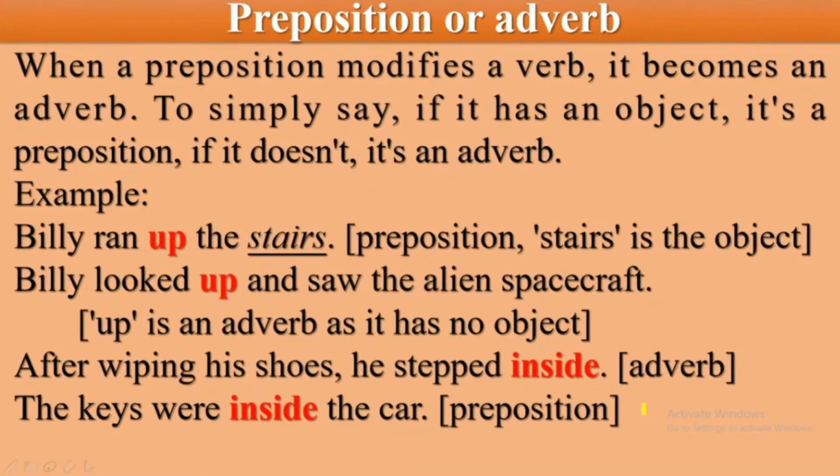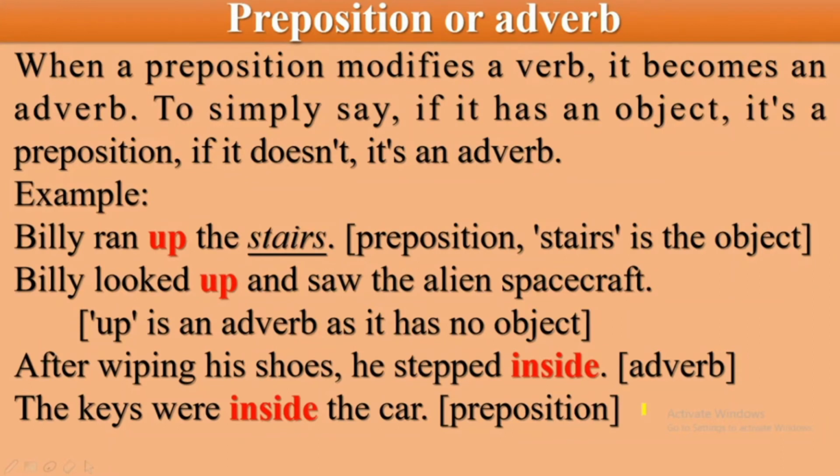Sometimes a word with the same spelling may work as a preposition and sometimes as an adverb. When it modifies a verb, it becomes an adverb, and when it doesn't modify a verb, rather it connects or establishes a kind of relationship between a noun, pronoun, gerund or other part of the sentence.